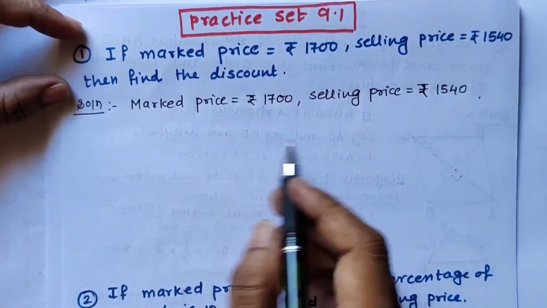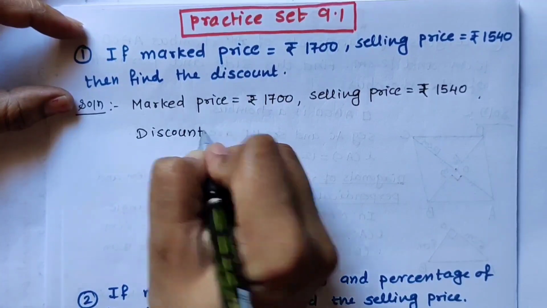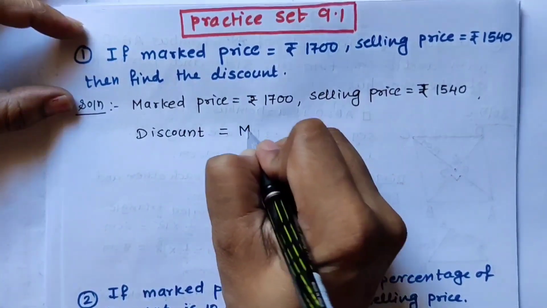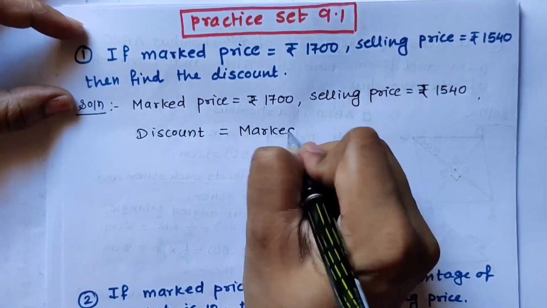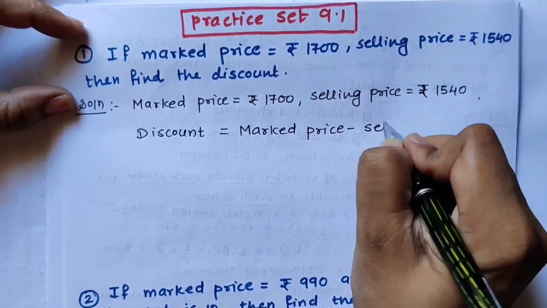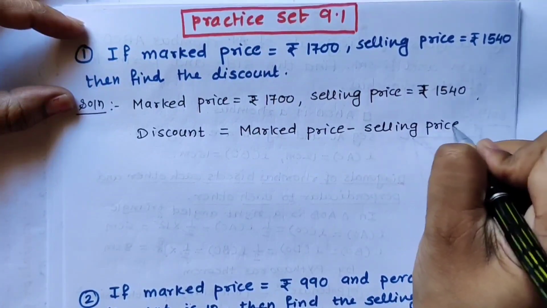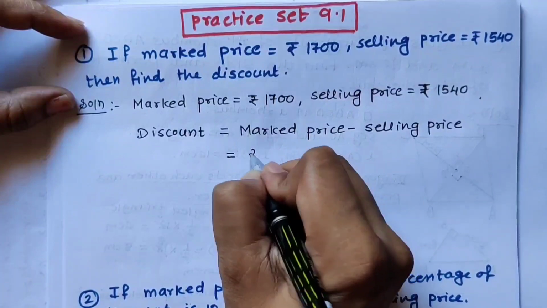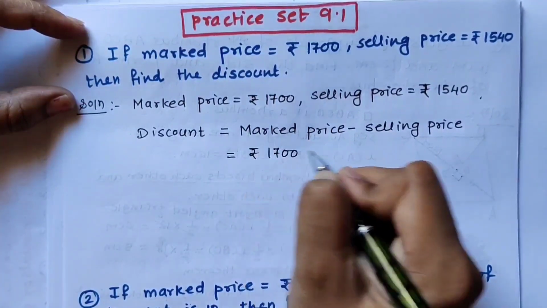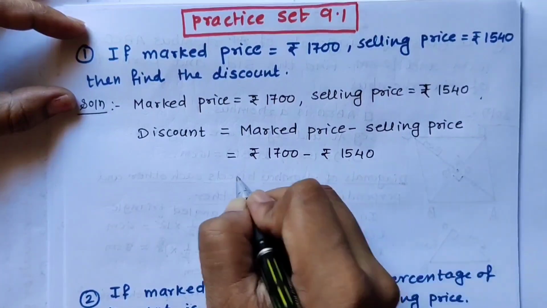Now, as I have told you, discount is nothing but the difference between marked price and selling price. So discount is equal to marked price minus selling price. Marked price is rupees 1700 and selling price is rupees 1540.